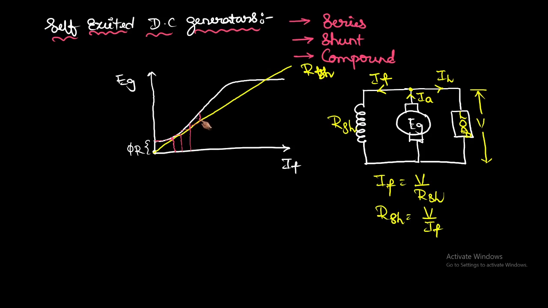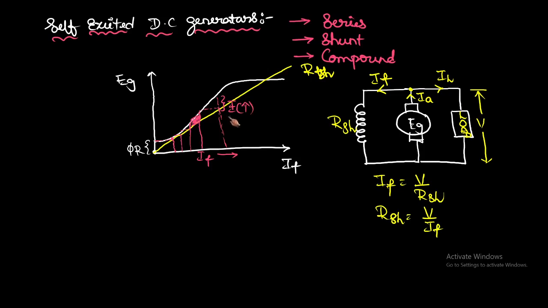Some extra EMF, as you can observe here, will be generated. Whenever you increase the field current, this extra EMF, which I am highlighting here, will be generated step by step. Whenever you take the slope of this, once again the EMF is increased. That means this much EMF is increased.